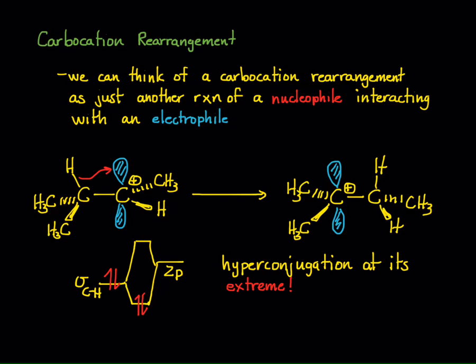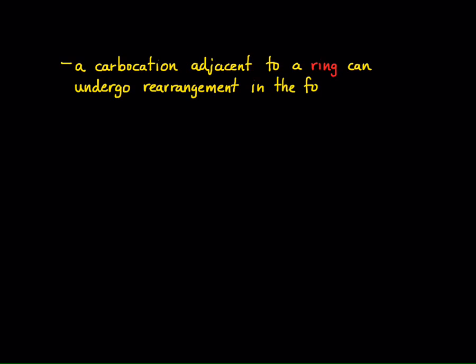Now, because of this, we can see some strange things. And one of those things is that a carbocation adjacent to a ring can undergo rearrangement in the form of what we call a ring expansion or a ring contraction. So, as an example, here I have a carbocation that is connected to a cyclobutane ring.